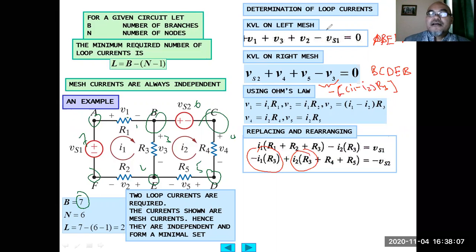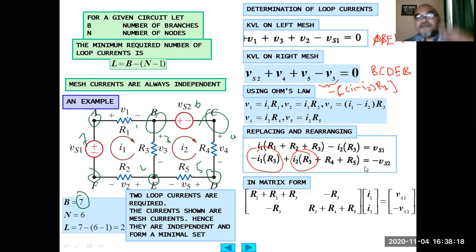Okay. Then plus R5 for the V4 and V5 equals negative VS2. So then you can write these two equations in matrix form, remember. I1 and I2 become the variables here.